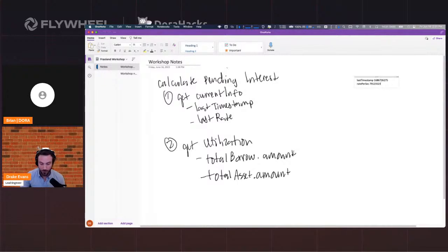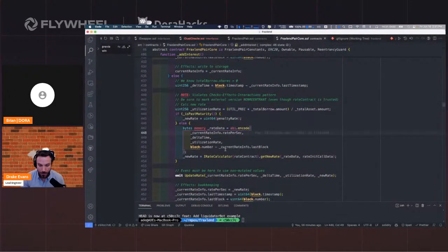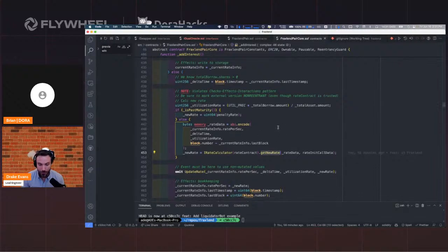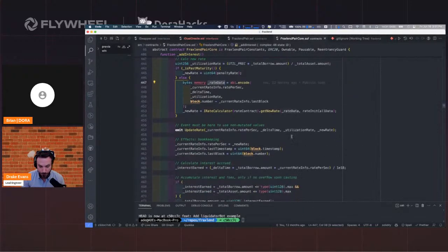And we get those both from Etherscan. Now we'll jump back into the code, and now we'll pass that value to get new rate. Get new rate will calculate that and return to us the new rates.